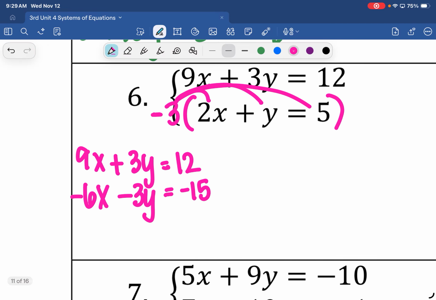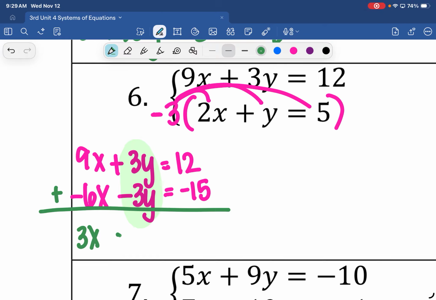Now, from here, in order to eliminate our y's, okay, what do I need to do? Add or subtract? Add. So if we add from here, what is 9 plus negative 6? What is 9 minus 6? 3x. What is 3y plus negative 3y?